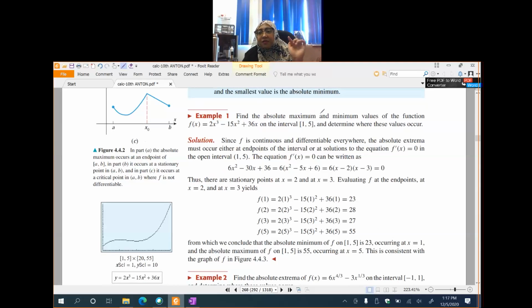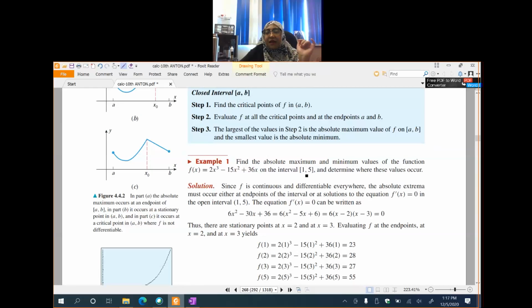So for example 1, find the absolute maximum and minimum of the function on the interval [1, 5]. So this is the interval from 1 up to 5. If you have square brackets, it means that it also includes the points 5 and 1. If you have a round bracket like this one, (1, 5), then it doesn't include 1 and it doesn't include 5.